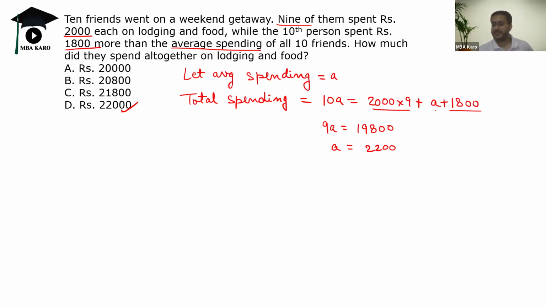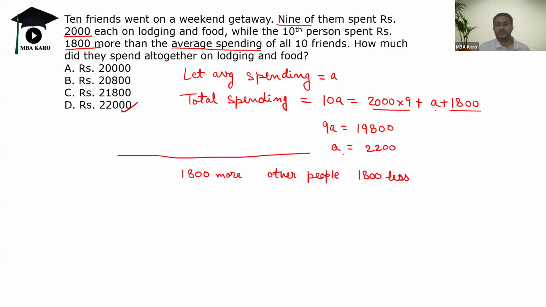Another approach is basically what is happening. He is spending 1800 more than the average, right? So it should balance out. Deviation should balance out. So this person is spending 1800 more. That means other people spend 1800 less than the average. That is why the average is maintained. So another way of thought: one is using a simple equation, second is thinking how the average is balanced.